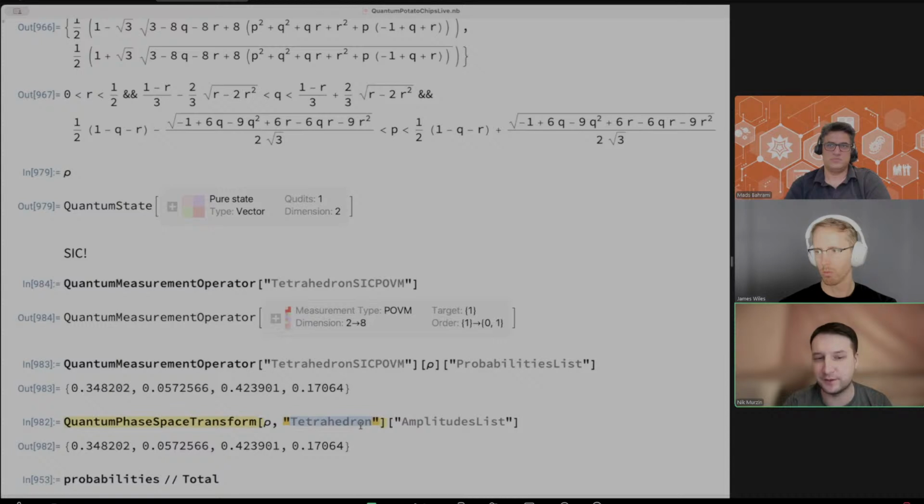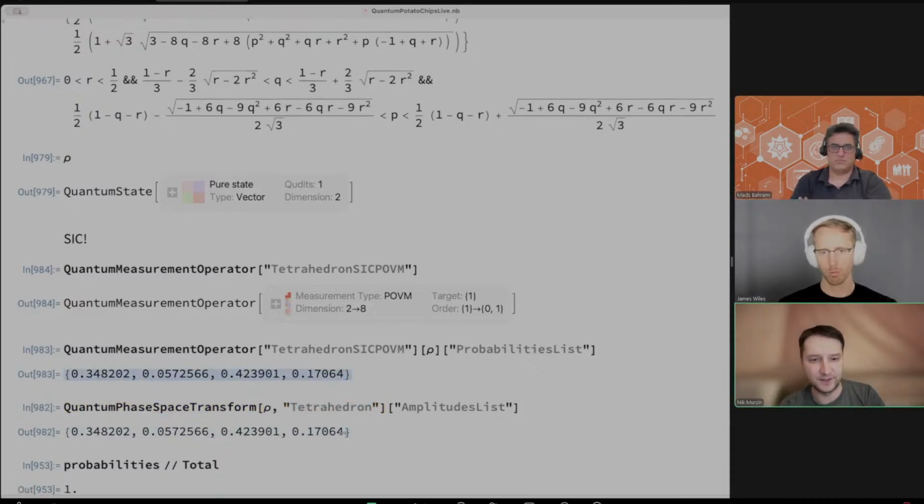Another way of thinking about the same computation is to do the basis transformation in phase space of your quantum state, and you get your amplitudes there. So either you have an amplitude in phase space, or you measure with this SIC POVM measurement, and you get the same values. That's the relationship. They correspond exactly, a one-to-one correspondence with the experiment.